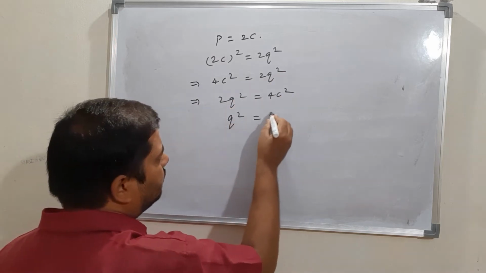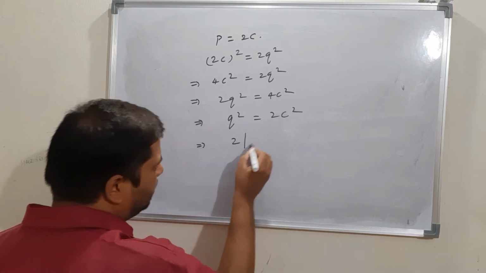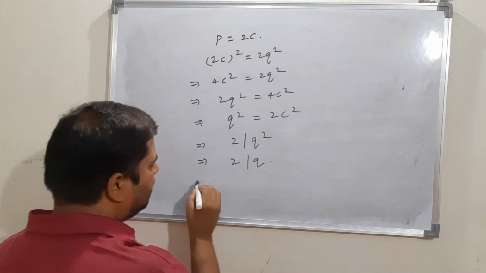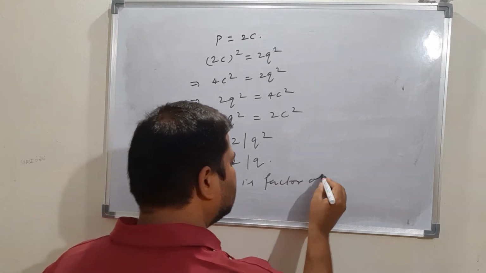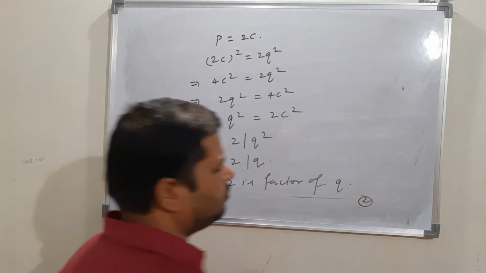So q square is equal to 2c square, and this means 2 divides q square, and this means 2 divides q, and this means 2 is a factor of q. This is your equation number 2.